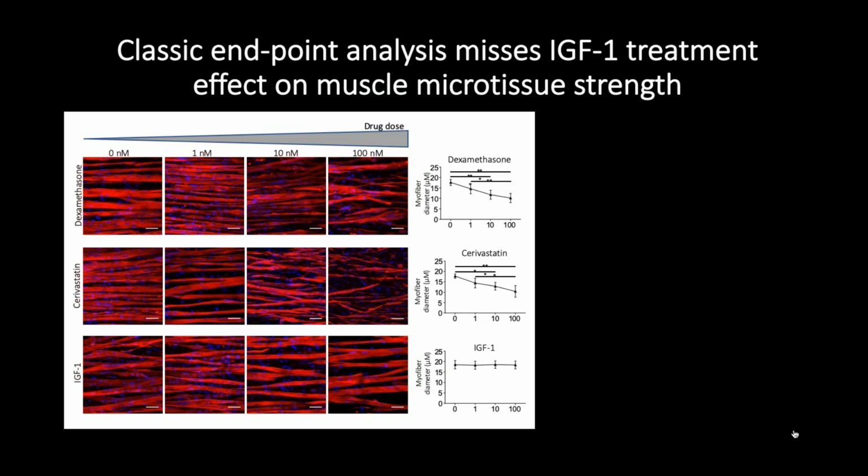And we can quantify that in the graphs, and you can clearly see that in a dose-dependent way, as we increase the dose of these drugs, the muscle fibers' thickness or diameter goes down.